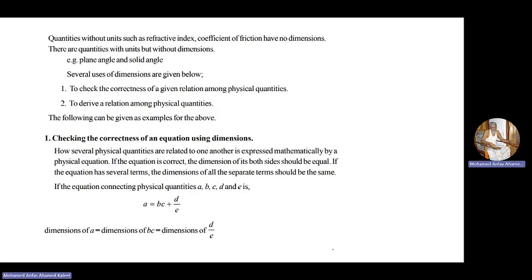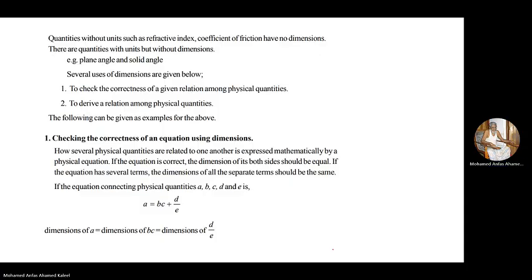The next point: quantities without units, such as refractive index and coefficient of friction, have no dimensions, because they don't have units. There are also quantities with units but without dimensions.